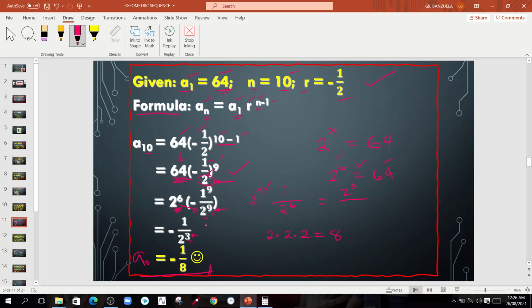So wag tayong malito. Again, if there is some confusion with this exercise, you may always pause the video. You know the drill. Get your pen and paper, then master the skill. No? So wag agad mag-move. Wag nyong agad tapusin yung video without mastering the skill.